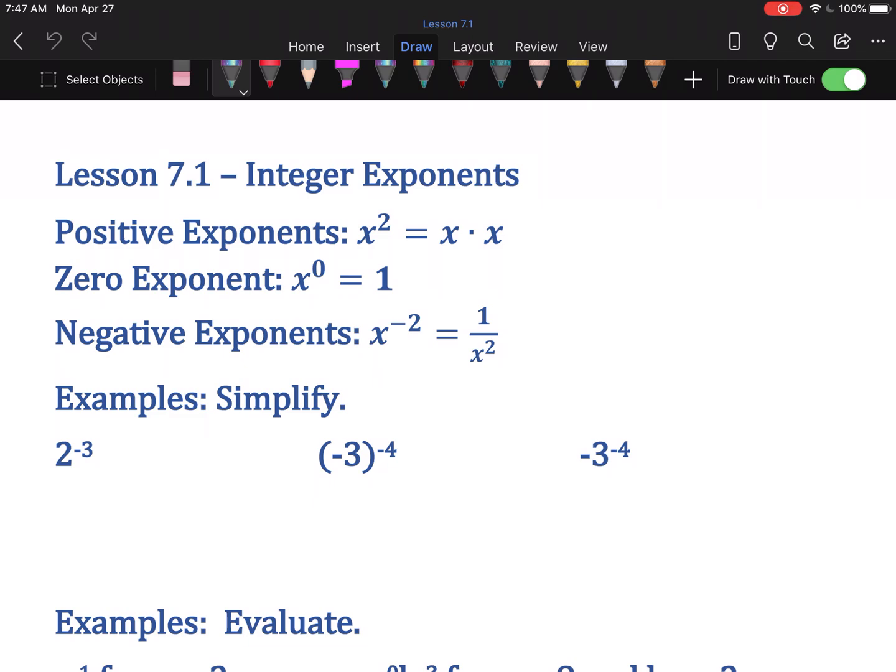And then we have negative exponents, and we did, if my memory is right, come across these in 7th grade, but it's probably been a year and a half since we've talked about them. So a negative exponent simply means move me.